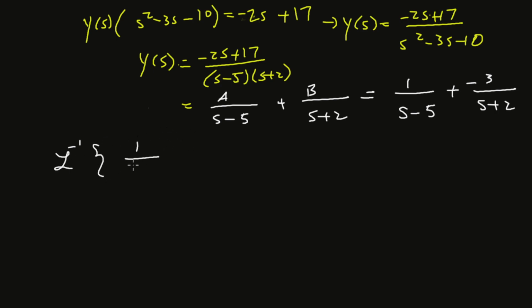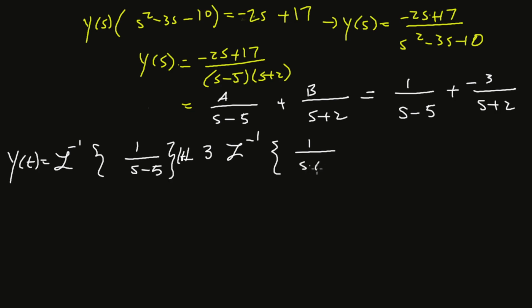The first one doesn't have a multiple, so it is what it is. The other has a multiple, and this is y of t. Of course, these are going to be on t. One over s plus 2. Of course, these are on t.